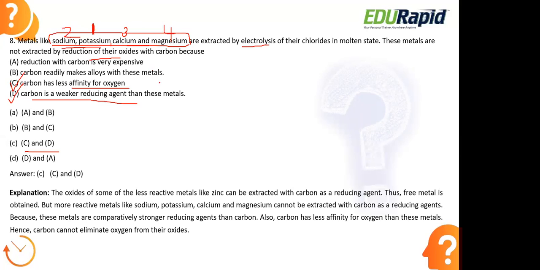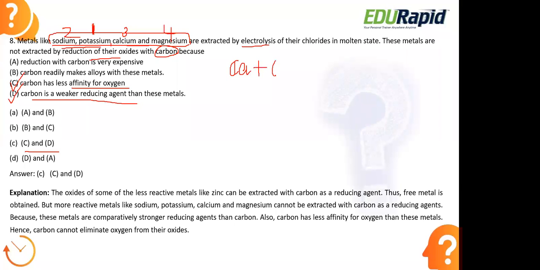Okay, but here we have carbon, right? The question is, these metals are not extracted by the reduction of their oxides with carbon. So using this non-metal carbon, we definitely cannot reduce them. Let us take calcium.